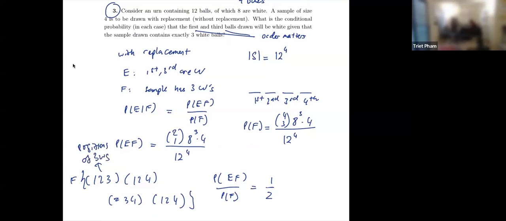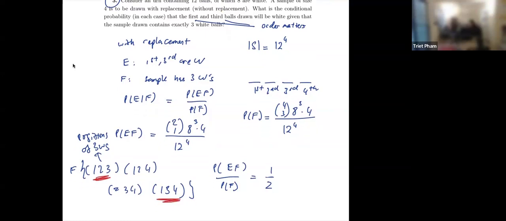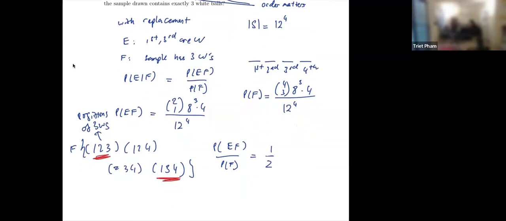All right, now what do you want? You want the first and the third being white. Which ones are they? Well, they are this. Oh, did I miss something? Hold on, I listed this twice. This is not 1, 2, 4. This should be 1, 3, 4. So out of this, there are 2 possibilities. Exactly, it's 2 over 4.